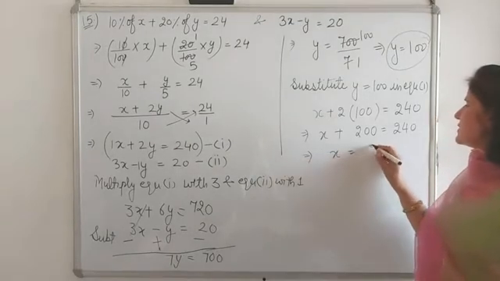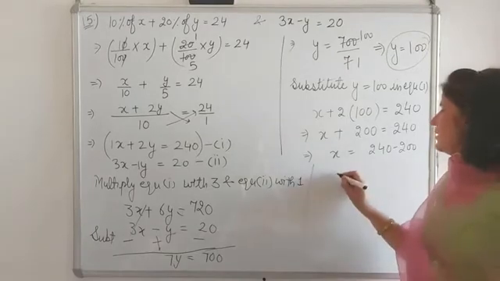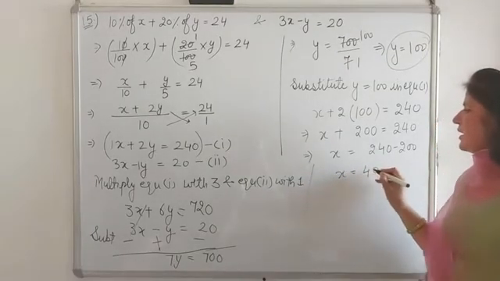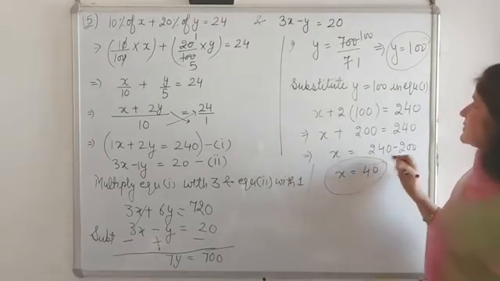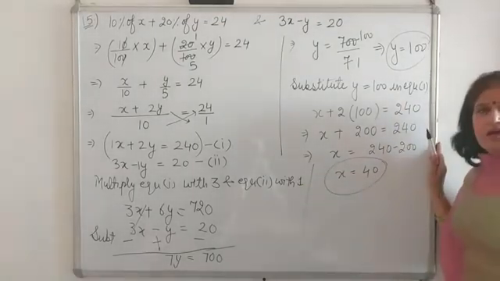So what will be x? 240 minus 200, and x is 40, and this is the value of x. Like this we are able to calculate both the values, and this is the answer.